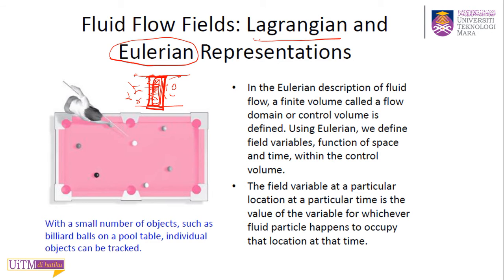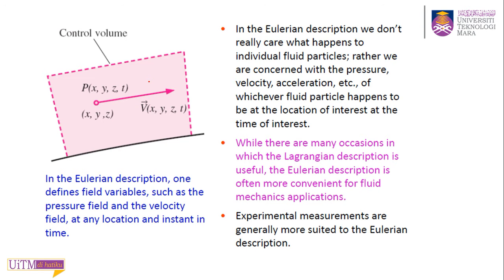So Eulerian we mostly use in fluid flow. Okay, this is a fluid flow. So you define your control volume, and in this control volume you can find your velocity in the x direction, y direction or z direction with time. And you can find the pressure of the fluid flow in the x, y or z direction with respect to time.